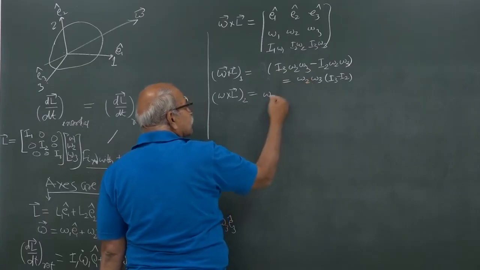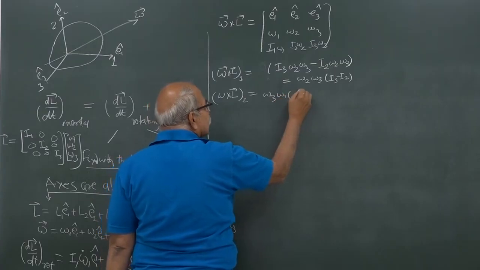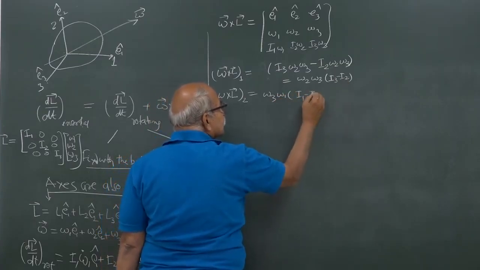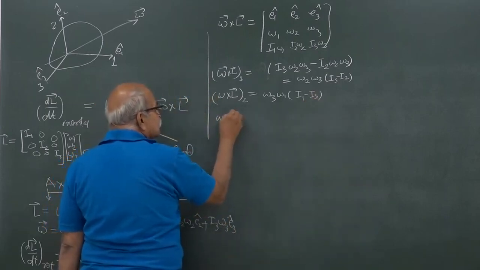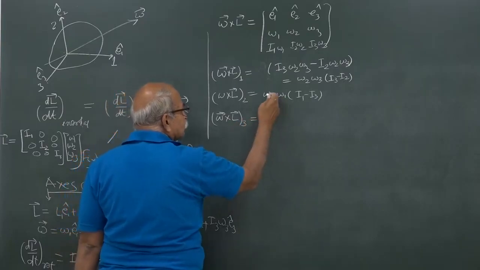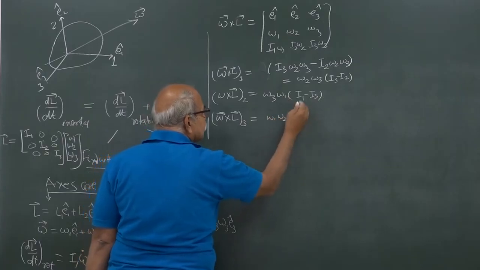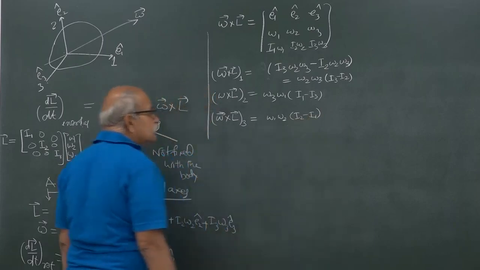In place of 2 you write 3, in place of 3 you write 1. And similarly the third component is omega 1 omega 2, cyclic permutation, I2 minus I1. This is it.